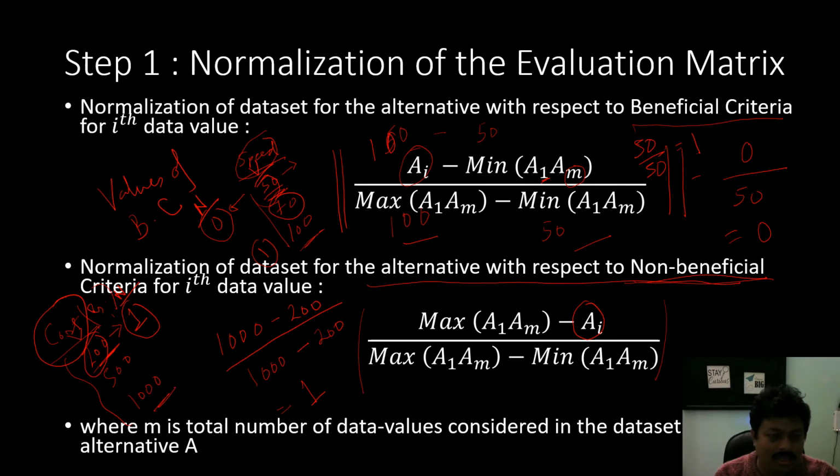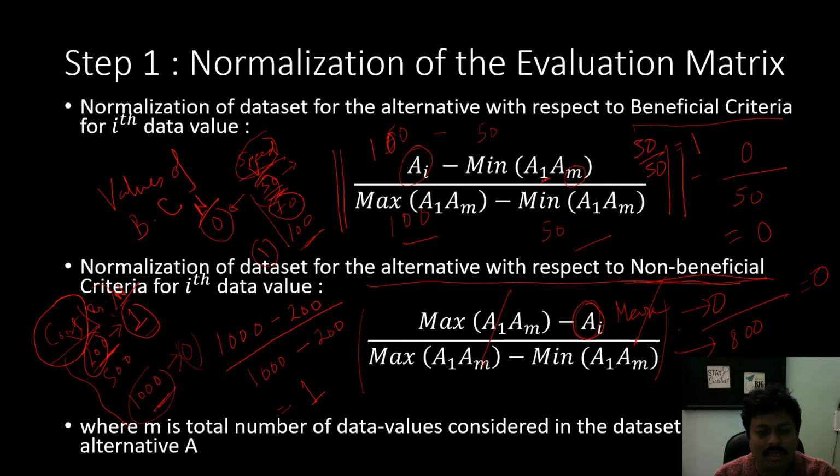So that is why you see this minimum value of non-beneficial will become 1, highest preference, and the maximum value will be 0, because if AI is the maximum value, so max minus max, in the numerator it will be 0, in the denominator whatever it may be, 800, but 0 by 800 is actually 0. So this will be our least preference, because this is the maximum value, and in case of non-beneficial criteria, maximum value alternative is always discouraged.